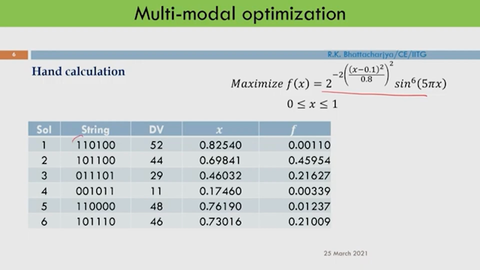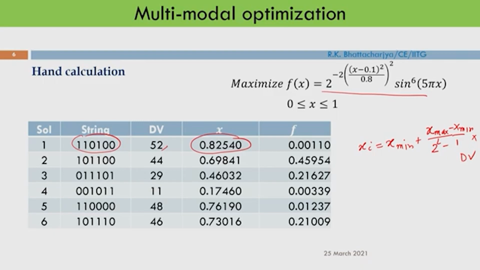The first string is 110100, its decoded value is 52, and the real value is 0.82540. How have we calculated that? x_i equals x min plus (x max minus x min) divided by 2 to the power L minus 1, into the decoded value of that particular string.